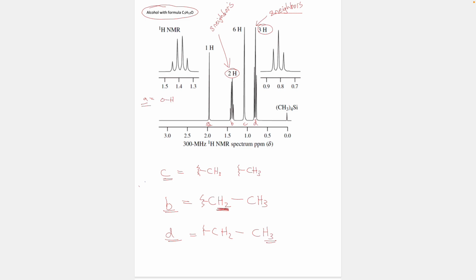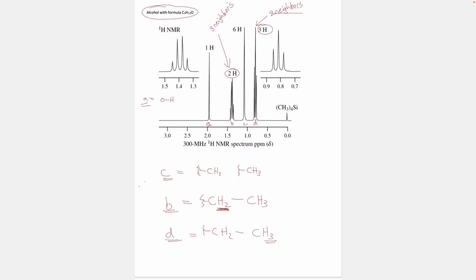We've got the two identical methyl groups here and here. That's 6 hydrogens, so now we're up to 7. We've got a CH2, that's 8, 9 hydrogens. And then the CH3 here, that's 10, 11, and 12. So when you add up all the hydrogens identified in the proton NMR spectrum, we've got them all. That means there are no hydrogens missing somewhere; they would all appear in the proton NMR spectrum.